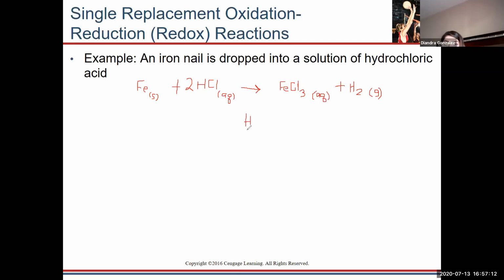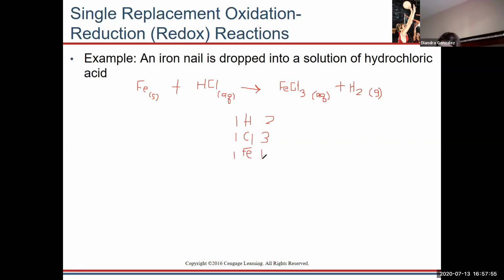No. Right now we have 1 hydrogen and 2 over here. Chlorines on our reactant side, we have 1, and over here 3, and then iron 1 and 1.